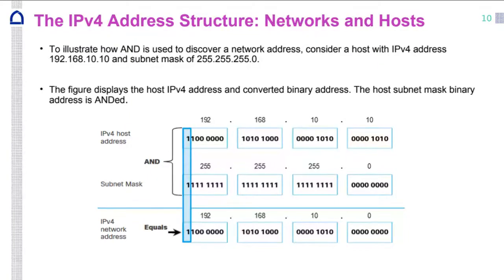If I have 1, it comes down, you will count it. So here I have 1 down. Here 1 again, 1 again, 1 again, 1 again. Here I have zeros, so it will be zeros. So what is my network address? 192.168.10.0. Now you know why we put 0, because we are doing the logical AND. We'll do some examples in the lab.